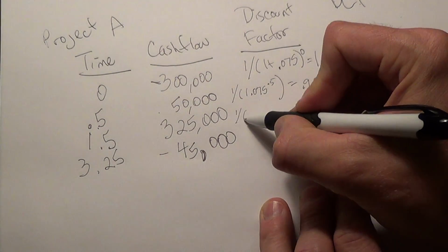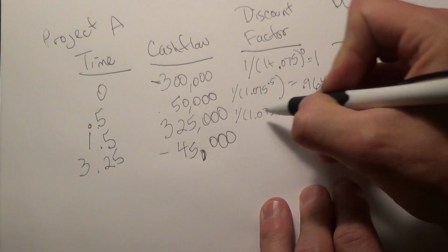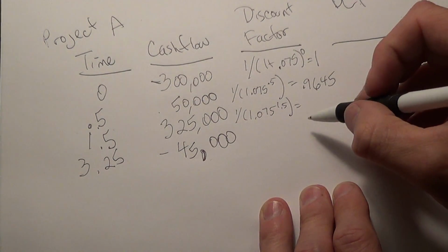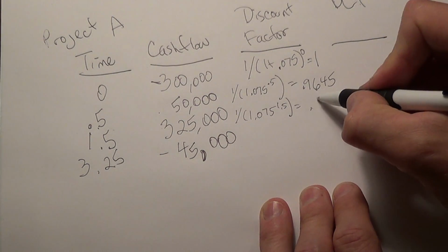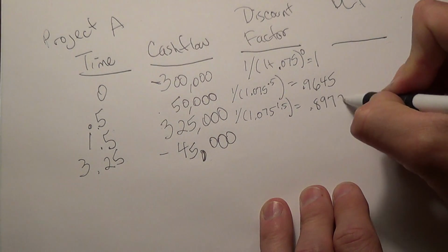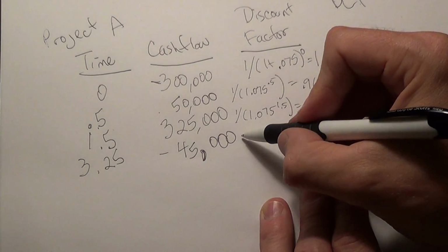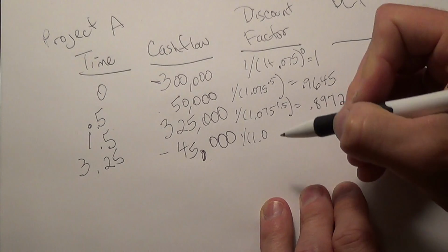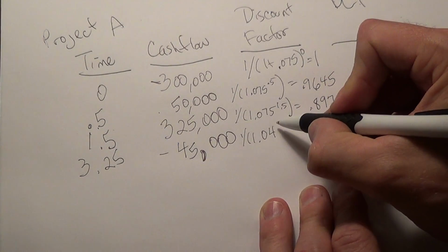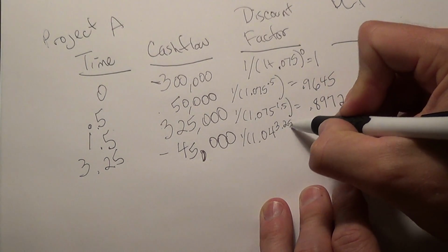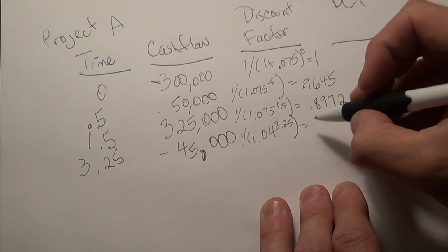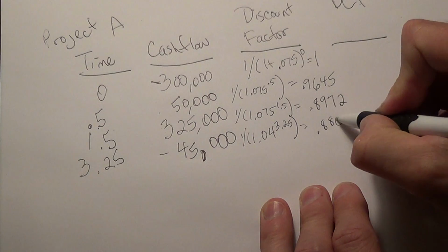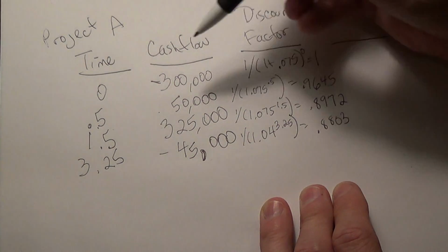The next one, 1 divided by 1.075 raised to the 1.5 power, and that equals 0.8972. And then the last one, this is the tricky one, 1 divided by 1, not 0.075, but 1.04, that cost of debt. We'll raise that to the 3.25, and that discount factor will be 0.8803.